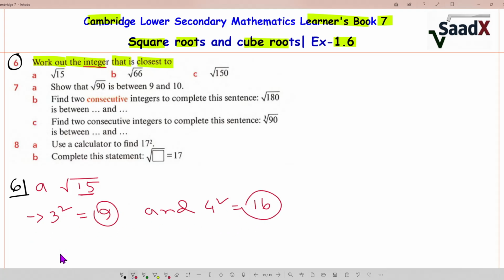So root 15 is between 3 and 4, right? It's true.